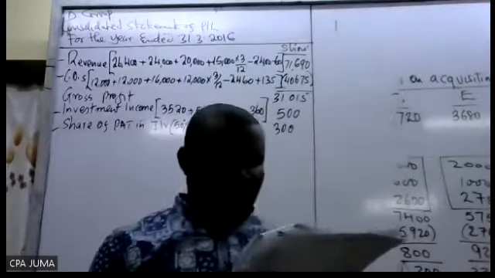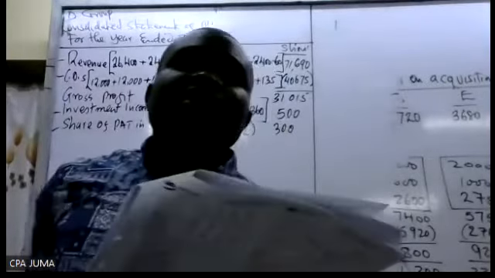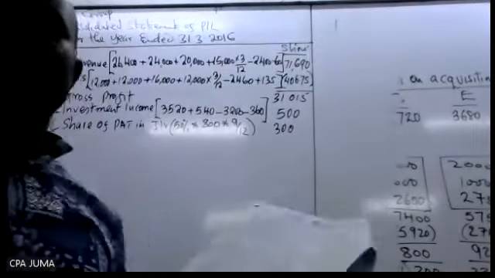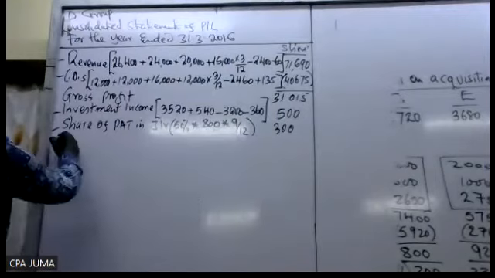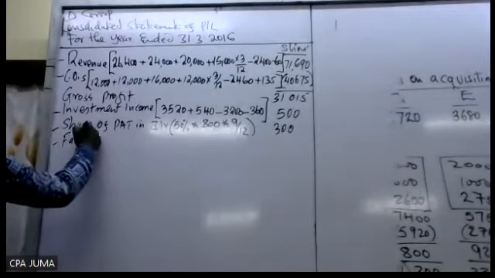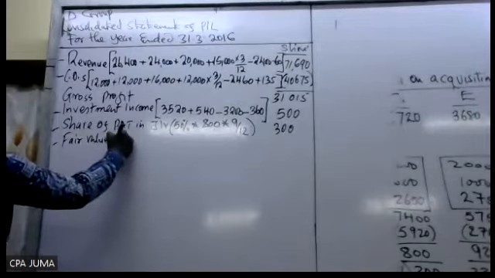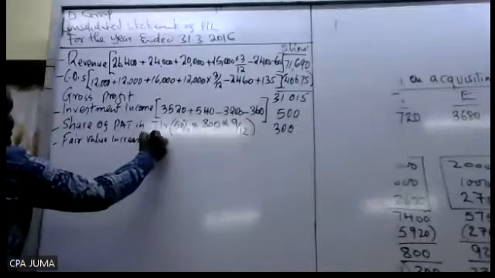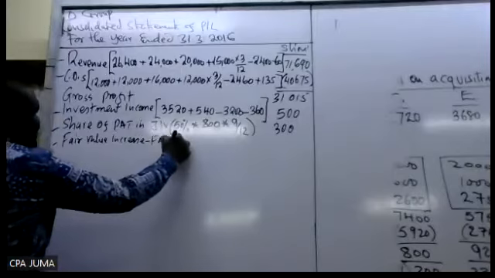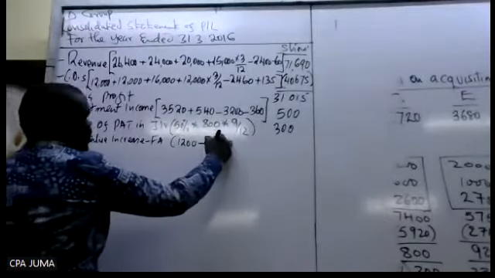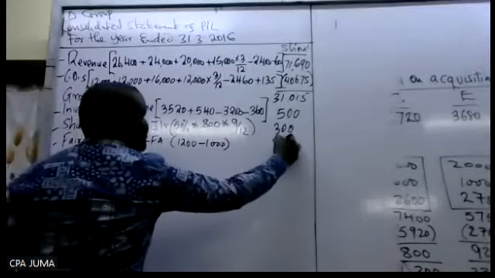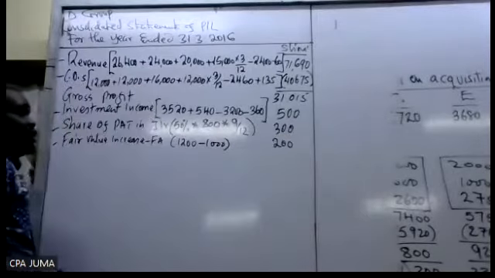Book value was 1000. Under current assets. So current assets, those are short term. Increase in short term assets is normally brought as income. So fair value increase, financial assets, that is 12 minus 1. So there's an increase of how much? 200.